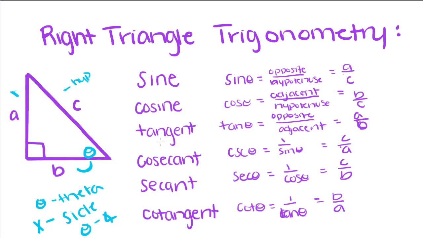Cosecant is the inverse of sine, and the inverse is just 1 over something. So cosecant is 1 over sine.